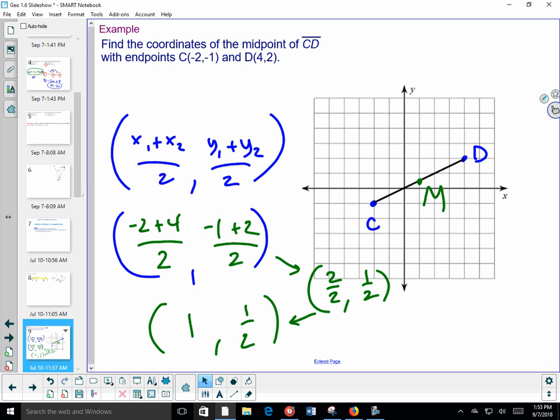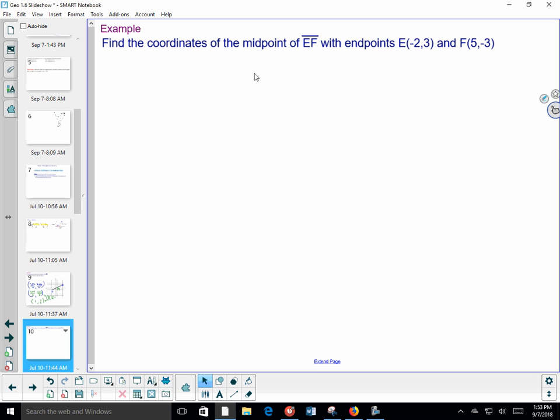All right, let's take a look at the next example. This one says find the coordinates of the midpoint of segment EF with endpoints E at -2, 3, and F at 5, -3. So this time maybe without a graph, can you tell me what you're going to plug in?